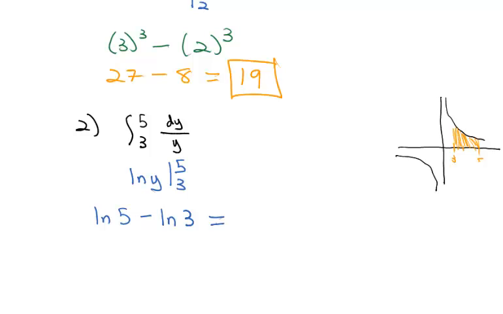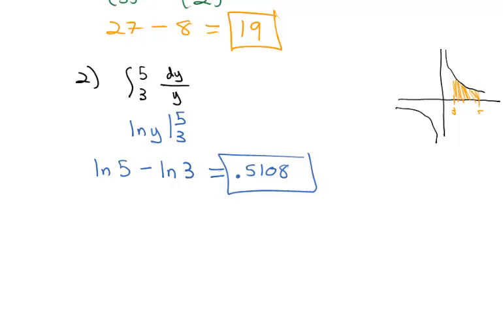And we're going to probably use our calculator to get a rough estimate. You can leave it like that, or you can get a number so we've got a better idea what it looks like. That's about 0.5108, the amount of area between 3 and 5 underneath that curve.